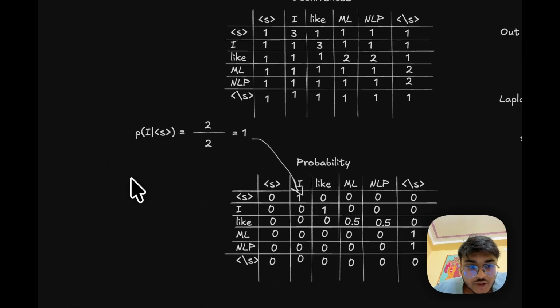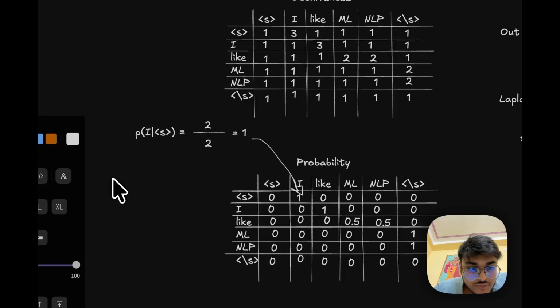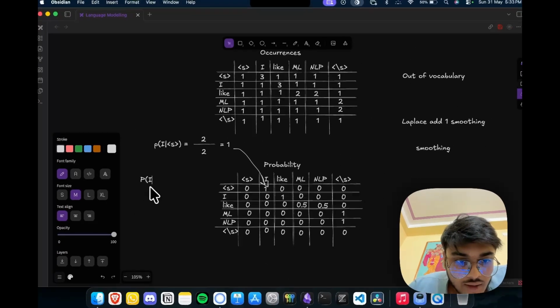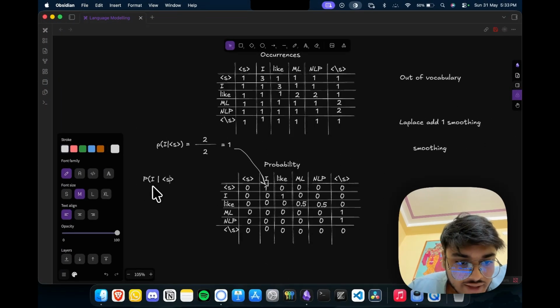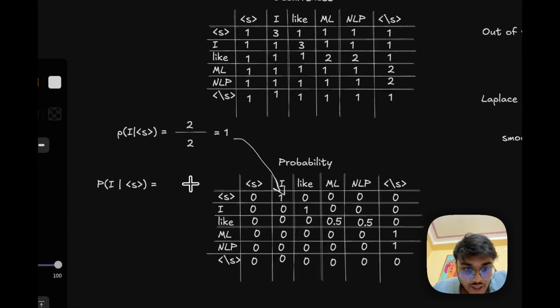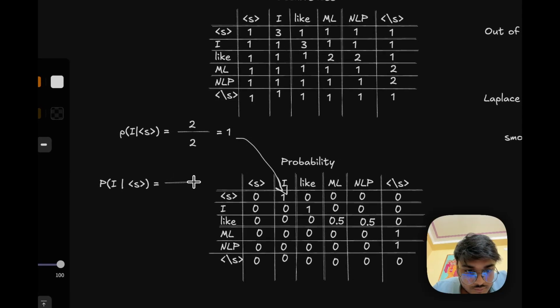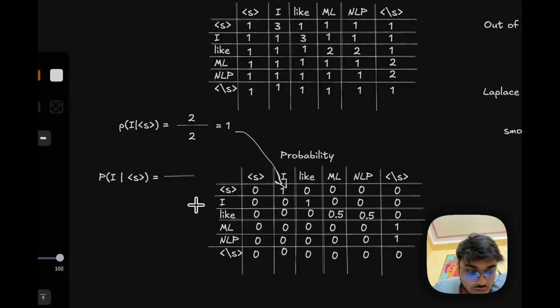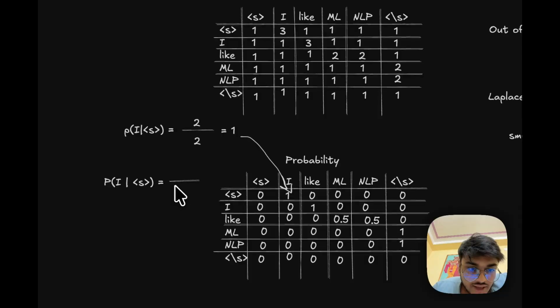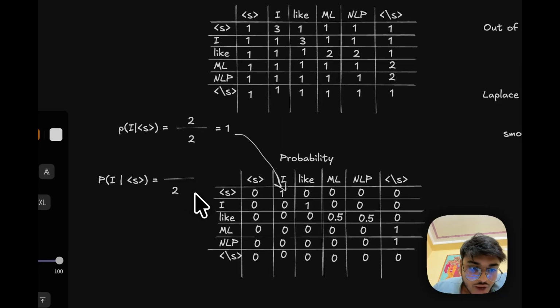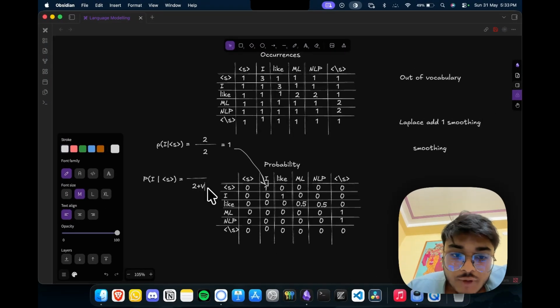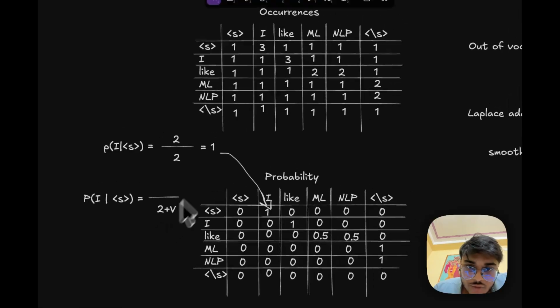Now the probability is going to change a little bit. The probability of I after s will be something like this: at the bottom you have to add the vocabulary size. What is the vocabulary size, you may ask?